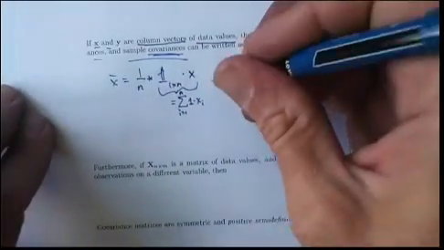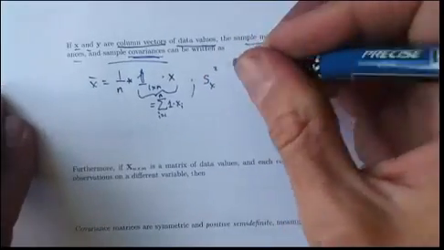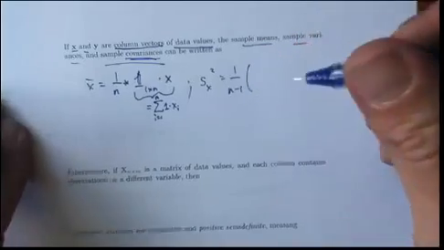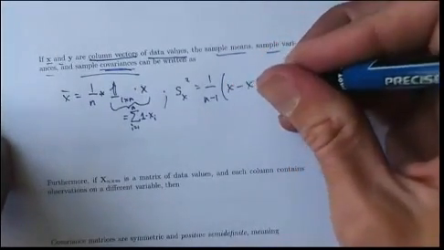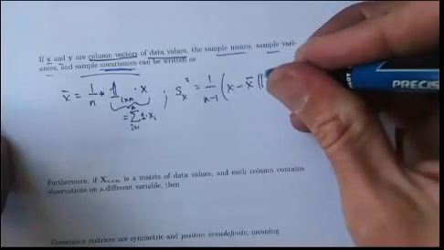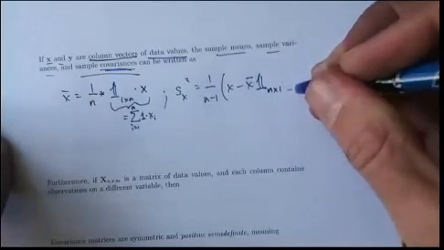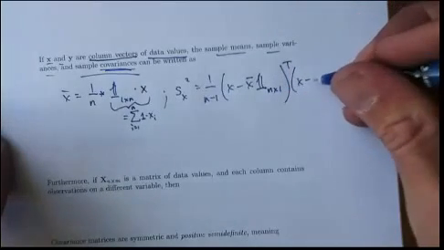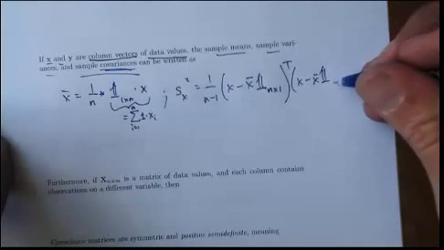And in a similar fashion, I could say that the sample variance is 1 over n minus 1 times x minus x bar times a vector of 1s, an n by 1 vector of 1s, transposed, against the same thing. I'm going to leave it to you to see this.